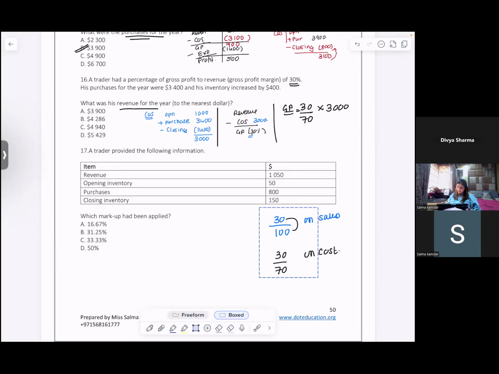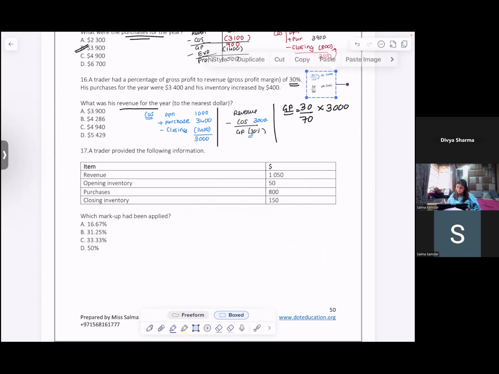So what did it come up to? 30 divided by 70 times 3,000 is 1285.7, so either 1285 or 1286.